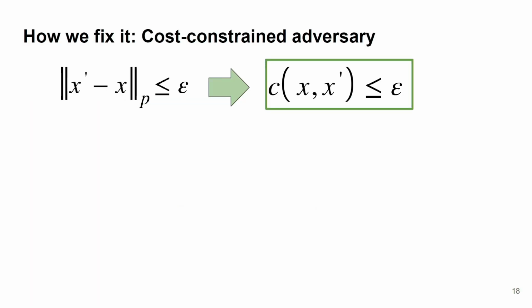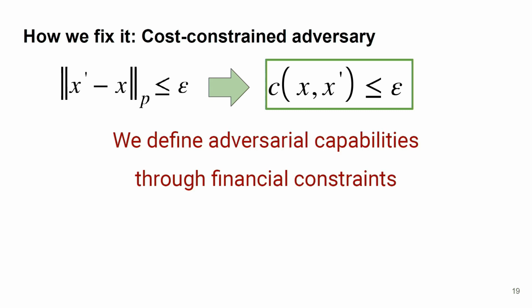In order to address this issue, we come up with a cost-constrained adversary for the tabular domain. So we want to move from the distance-constrained adversary to a cost-constrained adversary. We introduce the function C, which is a cost, and this is exactly the amount of money, for example, in dollars, which you need to spend in order to reach X prime from X. And it is inspired by a traditional computer security approach, when, for example, in cryptography, you usually limit the adversarial capabilities by the amount of money which the adversary has, rather than a certain imperceptibility constraint.